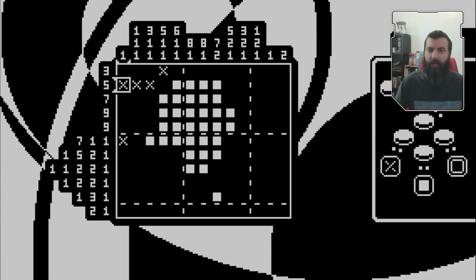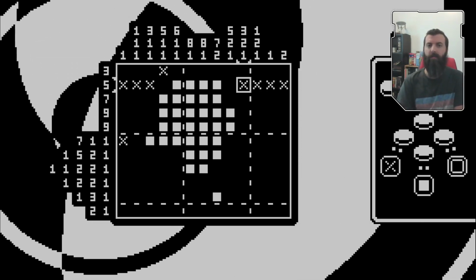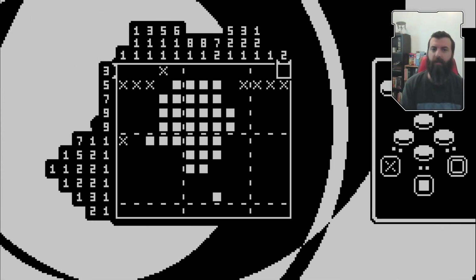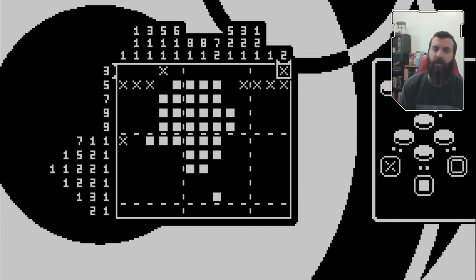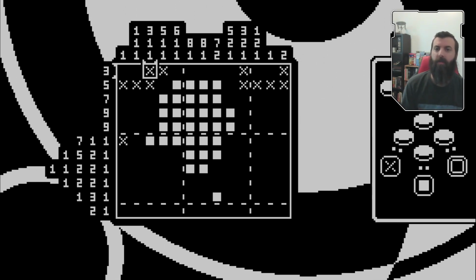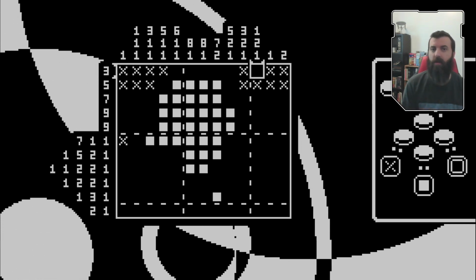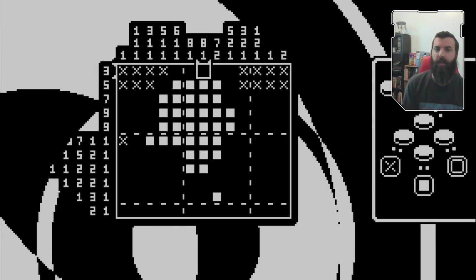Right, horizontal line couldn't reach. That narrows things down a little bit. Okay. Vertical 2 here. Didn't put a vertical here, which means that a horizontal here or horizontal gotta go.